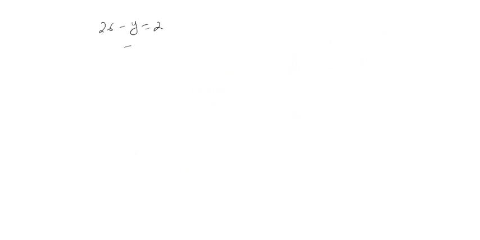So minus y is equal to 2 minus 26, and y will be equal to plus 24, because this will give you minus 24 and then you get plus 24. So the value of y we have got.